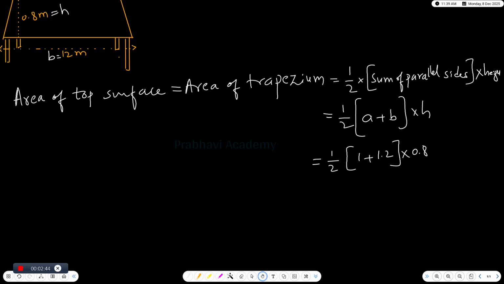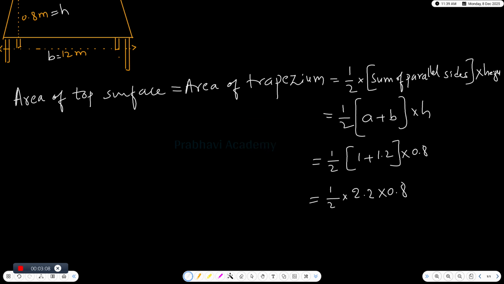So that is equal to 1 by 2 into 1.2 plus 1. 1 means 1.0 always. So 2 plus 0, 2. 1 plus 1, 2. So that is 2.2 into 0.8.